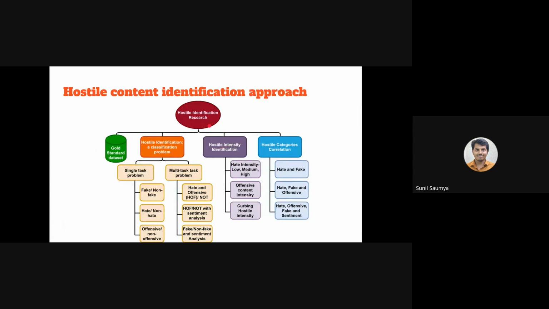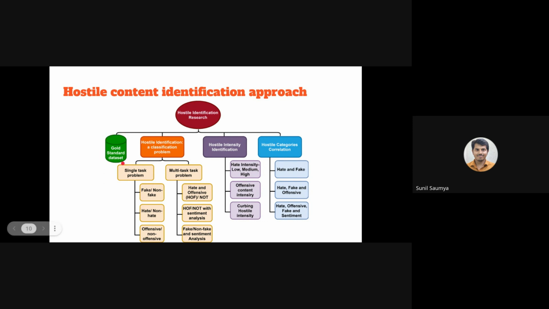To make this process automated, the first requirement was to collect the data set. And nowadays we have gold standard data sets. The data set is not a problem, because we can easily collect it using APIs or scraping tools. Initially, this was also a problem.